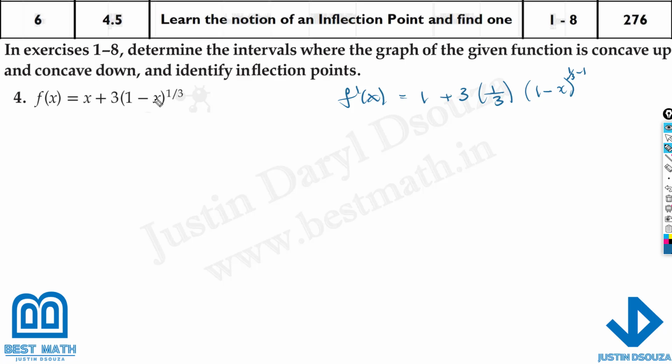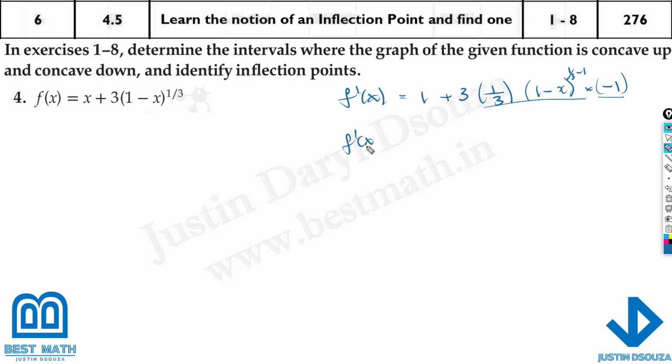We have to multiply it with what? You have to multiply it with the chain rule. Whatever is inside, when we derive whatever is inside, it's just going to be minus 1. Because 1 will be 0, minus x will be minus 1. This is the power rule, this much. This is the chain rule. Whatever is inside, we also derive it. So first we derive the power and then we come inside. So if it was only x, it would just be 1, so we don't write it, but it's minus x, therefore we write it out.